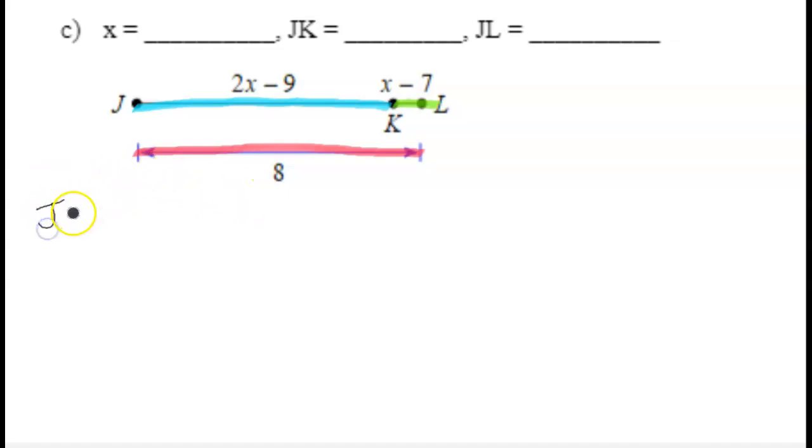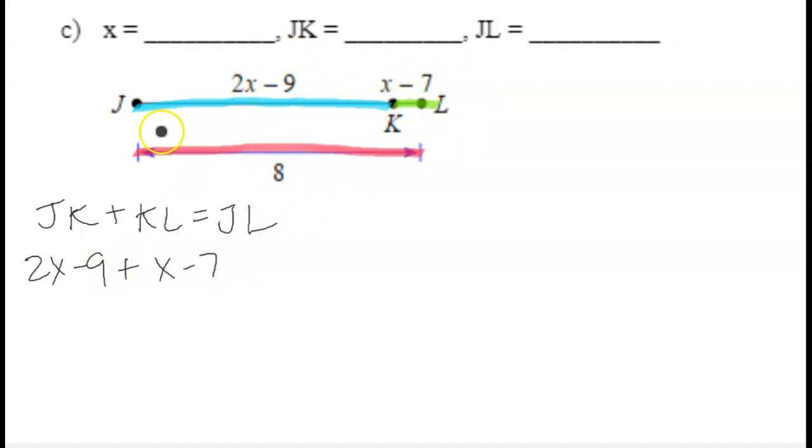I'm going from JK, the blue, plus KL, the green, equals JL. Replacing with the expressions 2x minus 9, JK, plus x minus 7, KL, equals JL, which is 8.